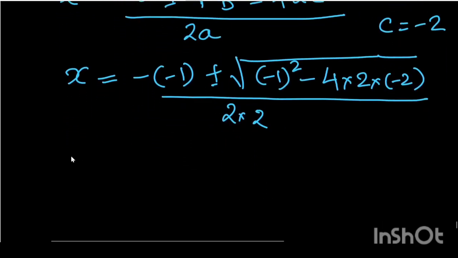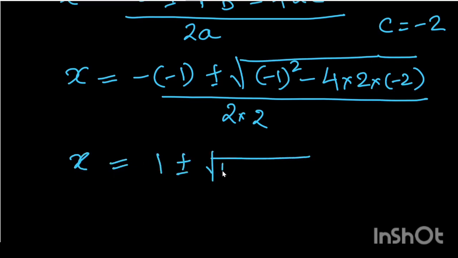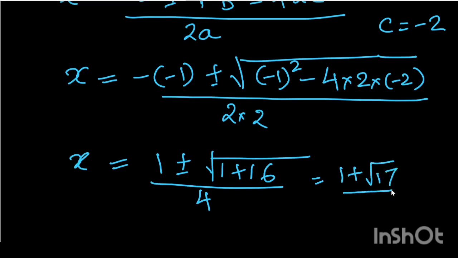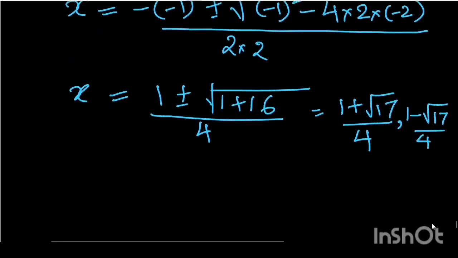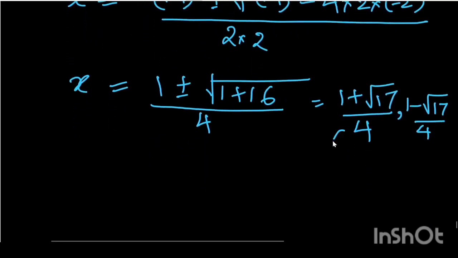So the value of x is 1 plus minus under root 1 plus 4 2s are 8, 2s are 16, upon 2 2s are 4. So it is 1 plus root 17 by 4, comma 1 minus root 17 by 4. So these are the two values of x. The bigger value would be, let's say this is beta, this is alpha.